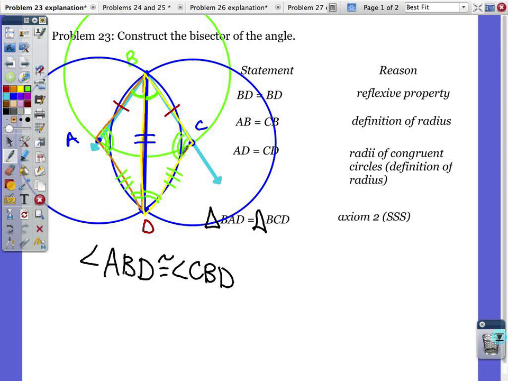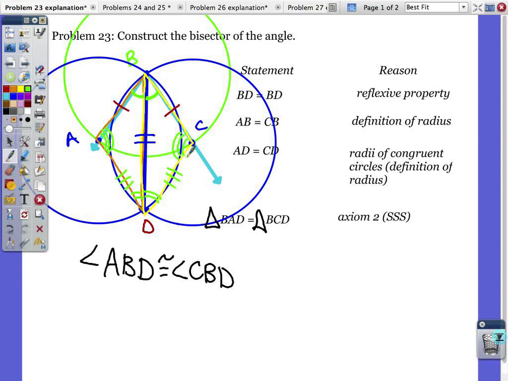All of that is because of what? CPCTC. What is CPCTC? Corresponding parts, like this angle and this angle, of congruent figures, like this triangle and this triangle, are congruent. So I want to use that in my next statement. But I don't need all three of these angles. Which angle do I need?